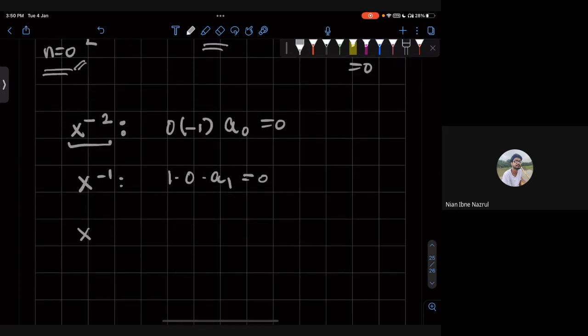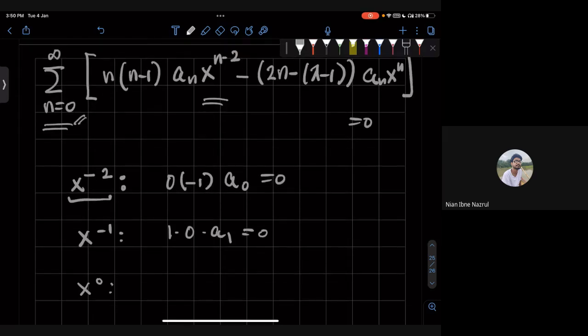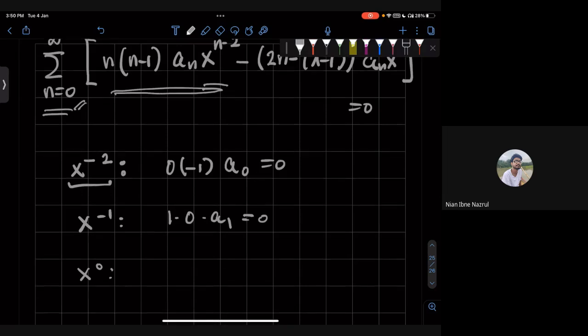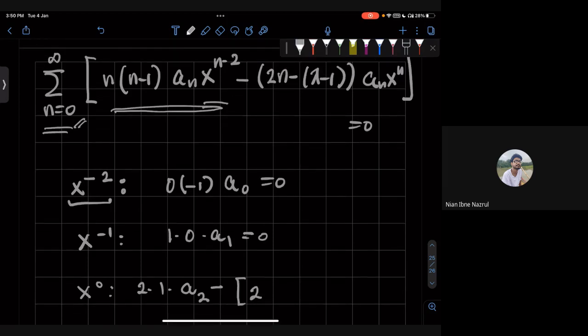But then we get x to the power 0, and how do we get x to the power 0? We put in the first term, n is 2. If n is 2, then we get 2 times 1 times a2 is minus 2, and here x equals 0 means this is 2 times 0.